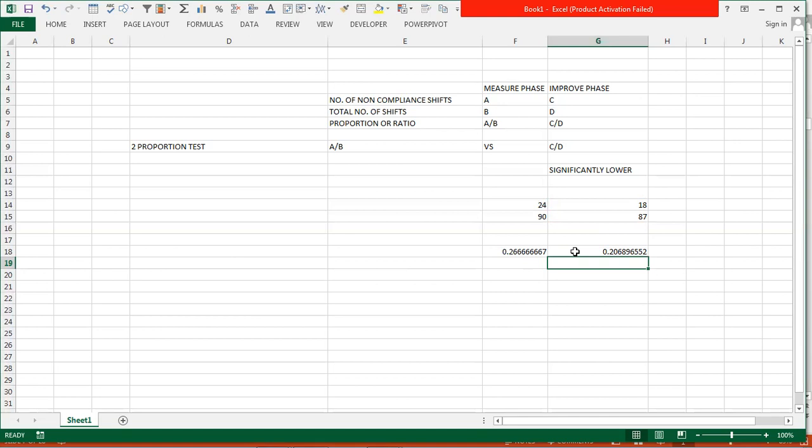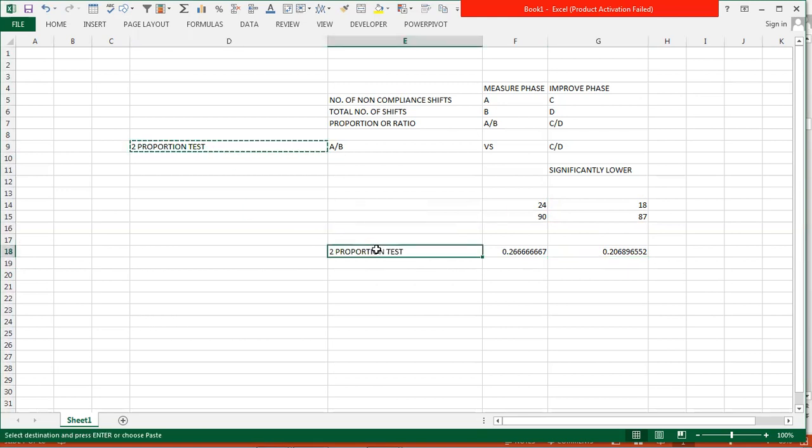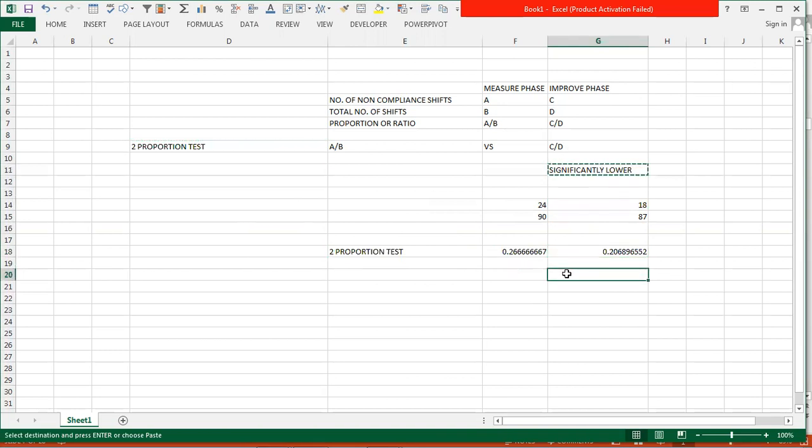We need to prove it statistically, and that's where we use the two proportion test. I'm going to copy it and paste it over here. We need to prove that if this is lower than this number, then it is significantly lower. That needs to be checked with the p-value, which we are going to look into right away.